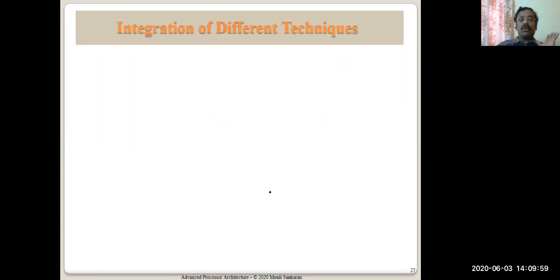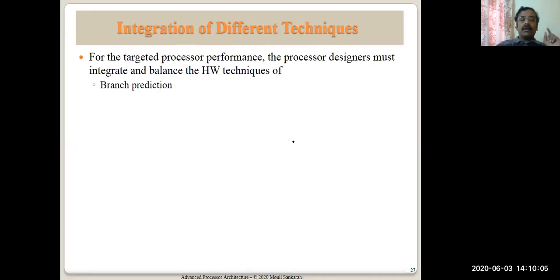Okay. So, integration of different techniques. This is the last slide, Mobi. If you want to improve the performance of a processor, you need to have this. You need to have this so that you keep speculative execution done in the right direction.